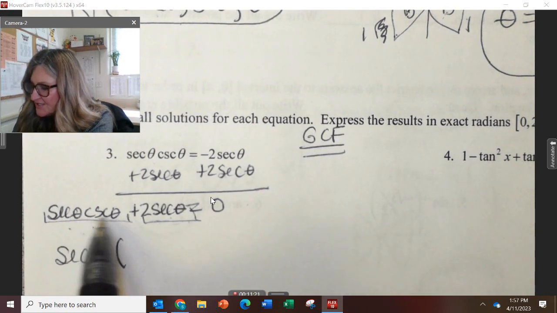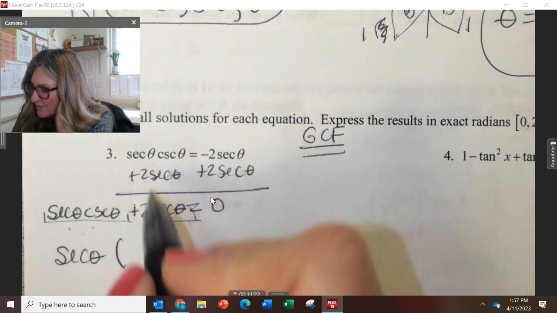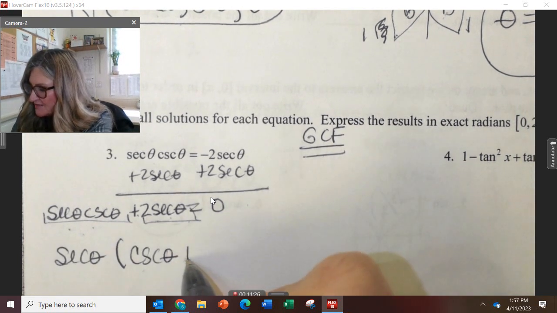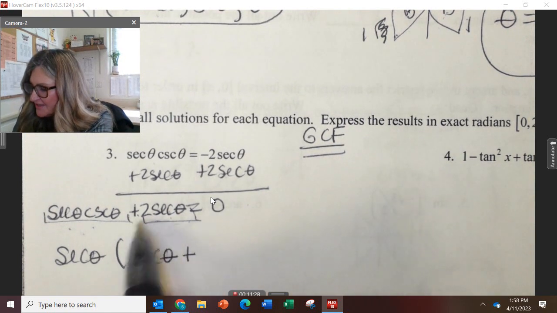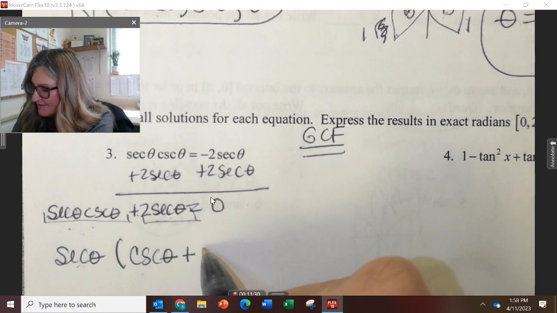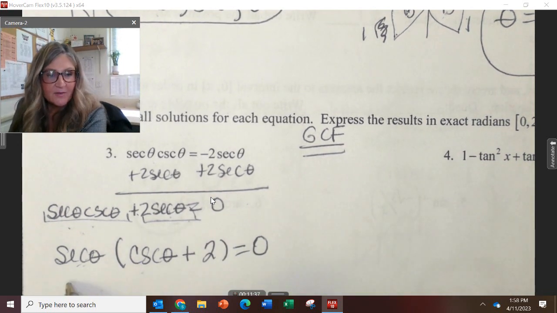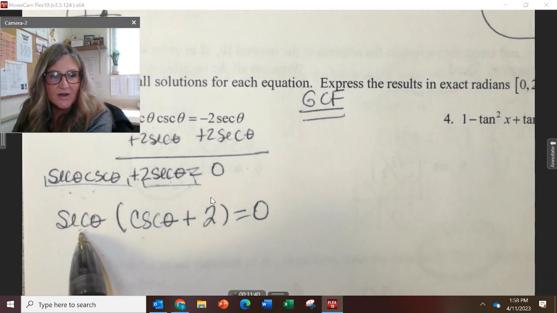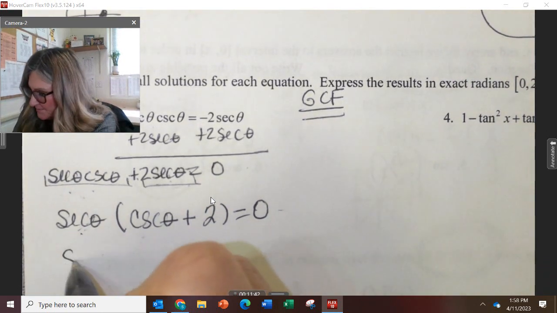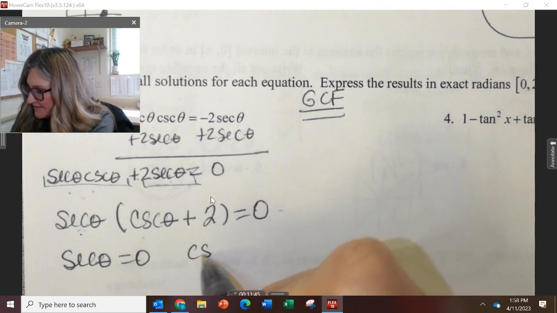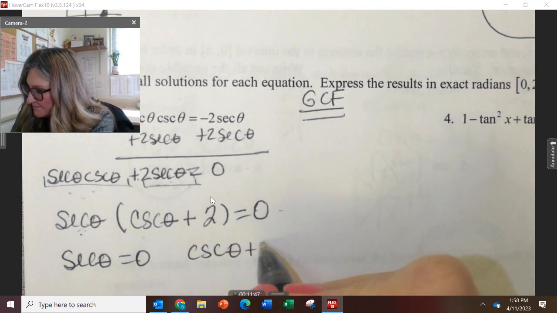If I factor secant theta out of this term, we're going to have cosecant theta. Plus, if I factor secant theta out of this term, what am I going to have? Just 2. Once we have it completely factored, now we're going to set this equal to 0. And we're going to set this equal to 0.